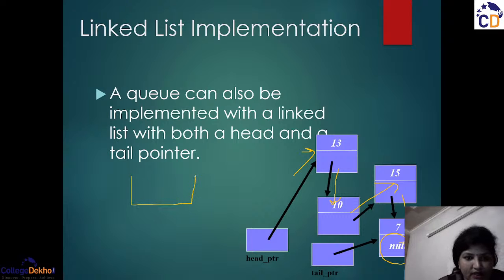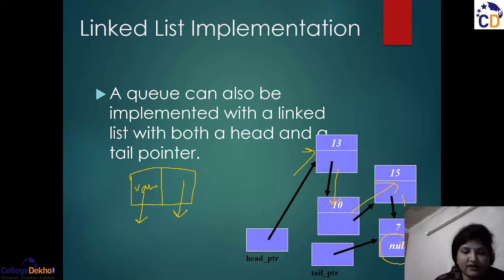A node is maintaining two parts, right? The value part, which tells the value of your node, and the second is the address of the next element in the linked list. So here we have the address part, where the address of the next element in the list is stored.